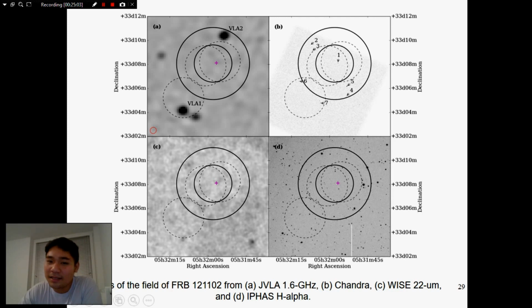But so far, they couldn't find any variable source in this black circle. Figure A represents the observation using the VLA telescope. Figure B is the observation using the Chandra telescope, C using a microwave telescope, and D using the H-alpha optical telescope.